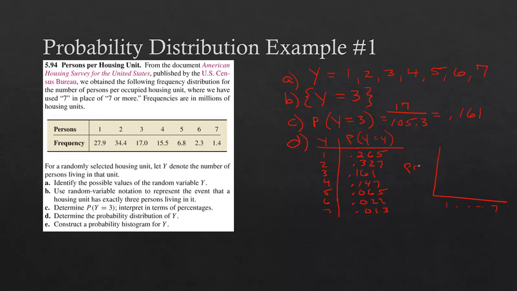Your probability will be on the y-axis, and then draw your histogram just like we did before in our last example. Remember, each of the bars represents those probabilities, so that when you add them all up, you get 1. All right, so that's one of our probability distribution examples. Hopefully that's pretty understandable for you.